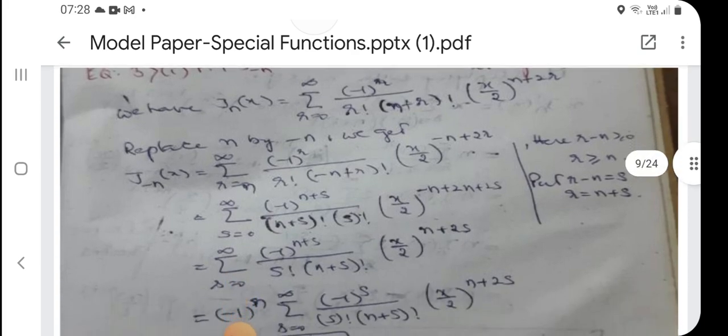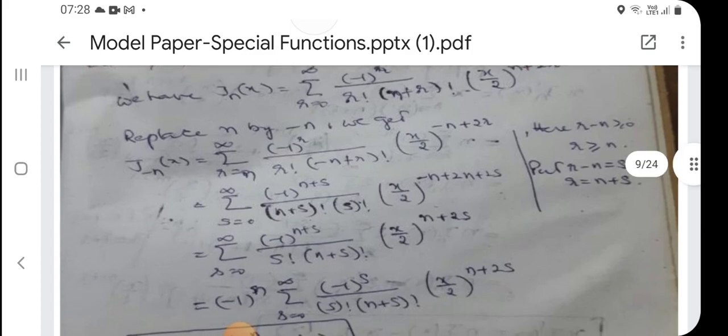That is nothing but summation minus 1 to the power of n plus s divided by n plus s factorial into s factorial into x by 2 to the power of minus n plus 2n plus 2s. That is summation s varies from 0 to infinity minus 1 power n plus s divided by s factorial into n plus s factorial into x by 2 whole to the power of n plus 2s.